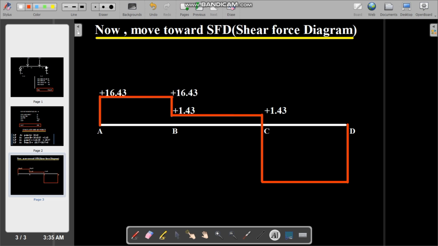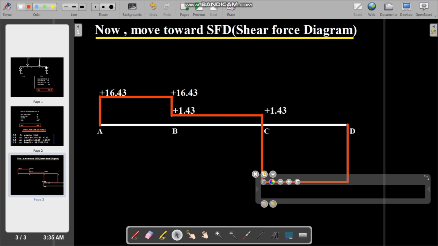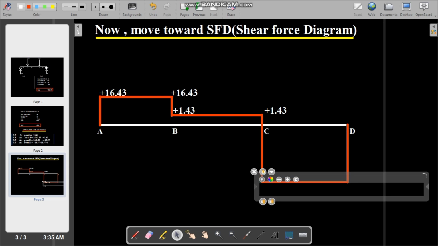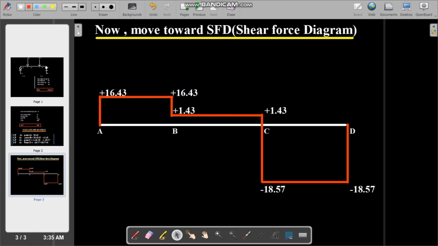And I just write the values which we evaluated in the previous slide. At point C, we got minus 18.57, and we write the actual value here, and moving to point D, which is 0. And that is the shear force diagram.